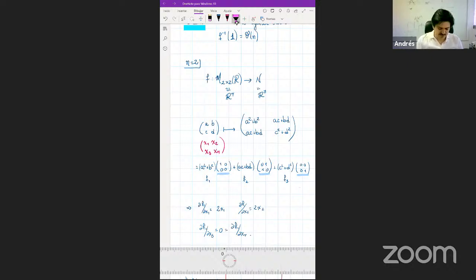So when I take the derivative with respect to a, I get 2a. This is only F1. And then with respect to b or x2, and then 0 and 0. Only for this function.